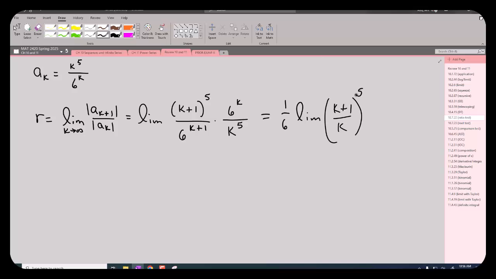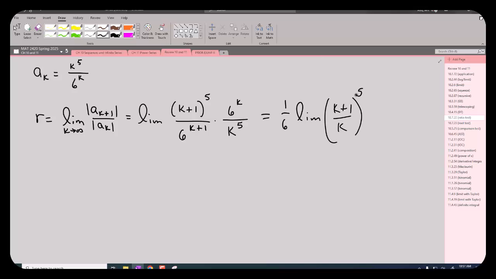So if it's an e thing, it's indeterminate. 0 over 0 is indeterminate, infinity over infinity is indeterminate. What is the indeterminate form for one of those e expressions? 1 to the infinity. Is this a 1 to the infinity? 1 to the 5th.